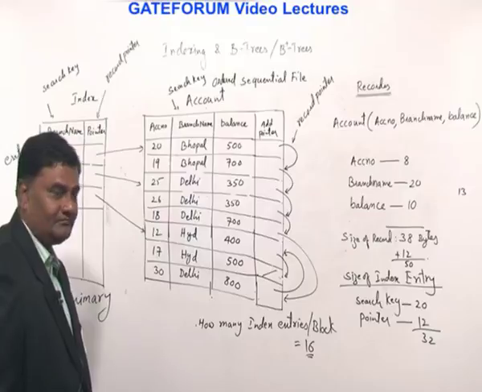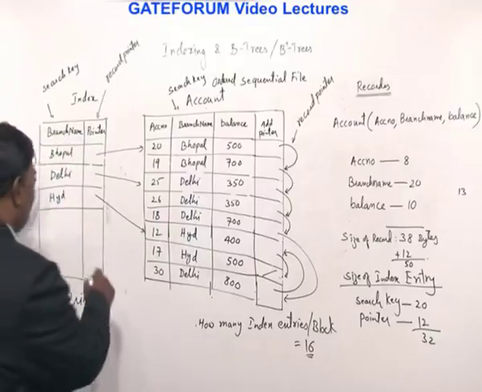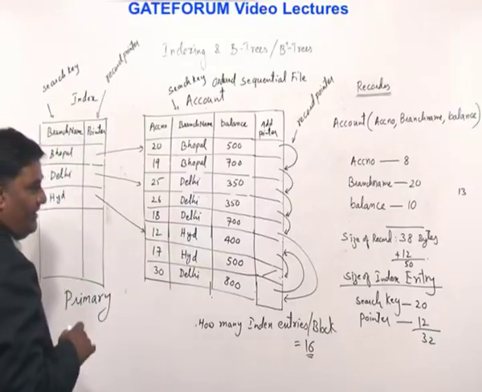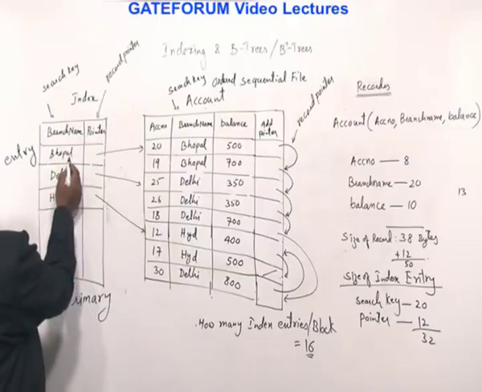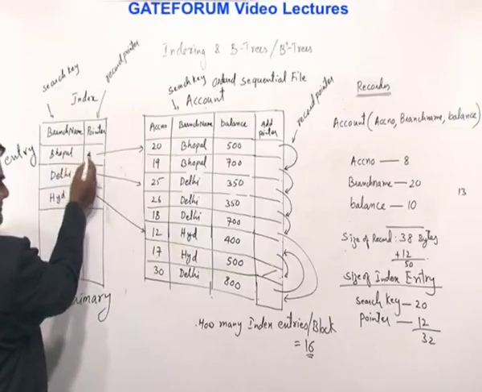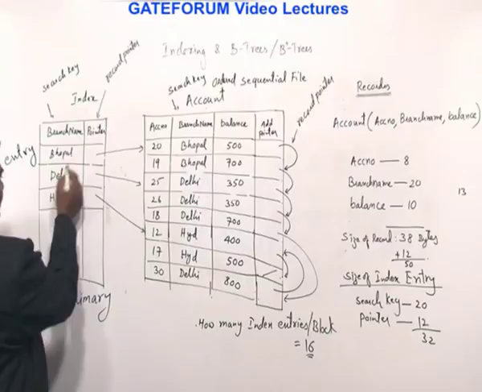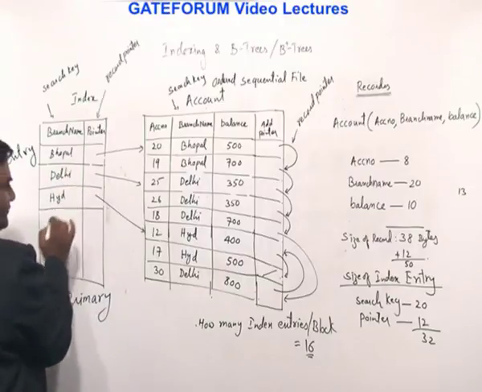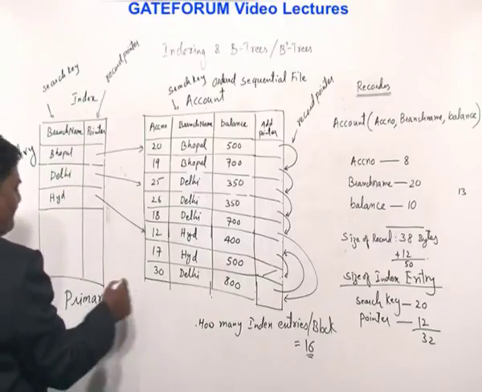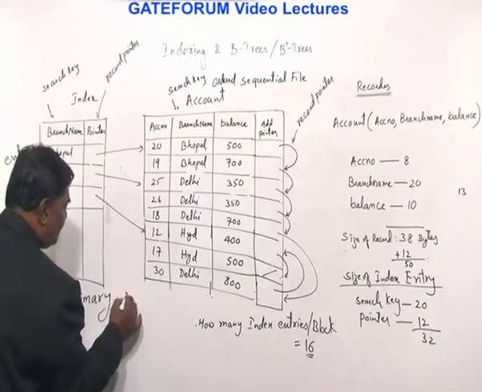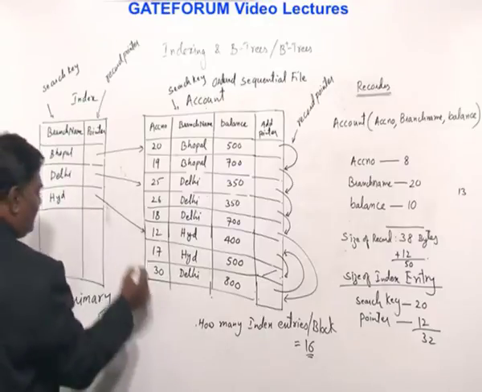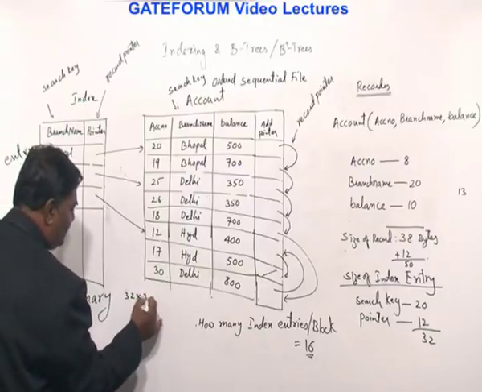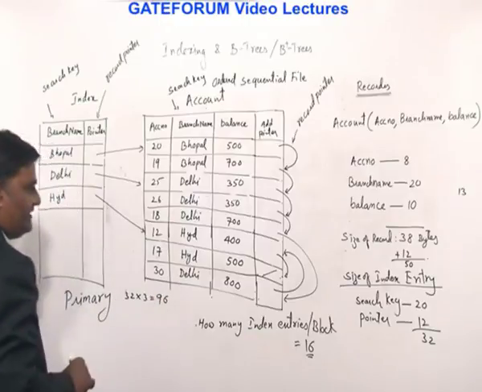Alright. So if you check here, total how many bytes am I accessing? This is 20 plus 12 I have taken, 20 plus 12, 20 plus 12, right? 32 into 3. These many bytes.